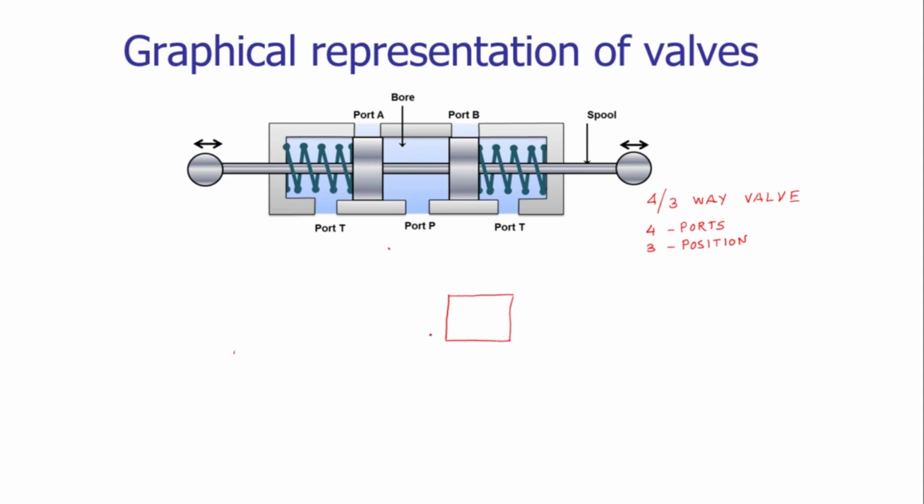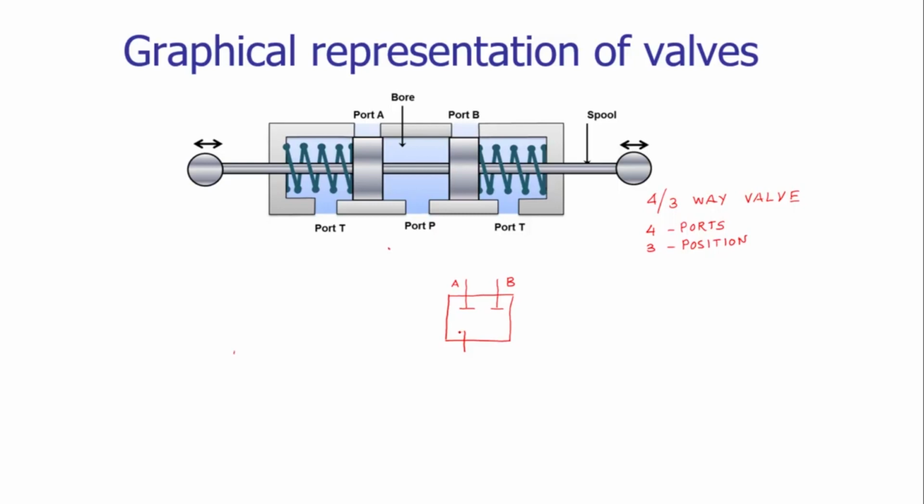So these are the 2 ports which are blocked, port A and port B.